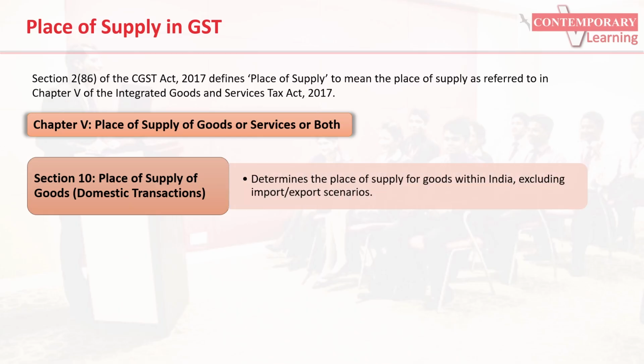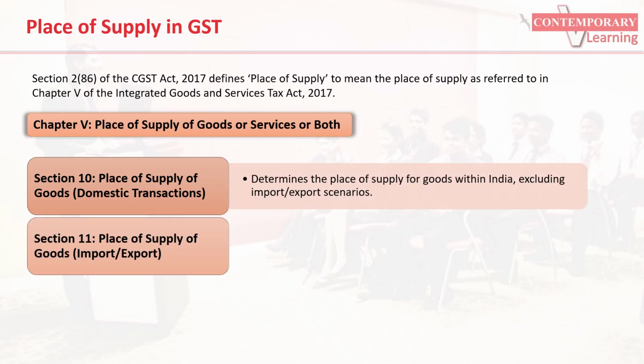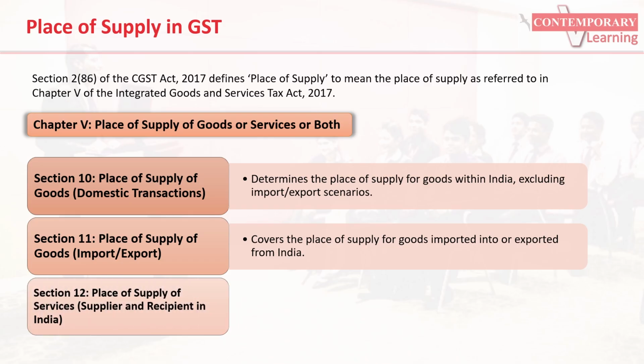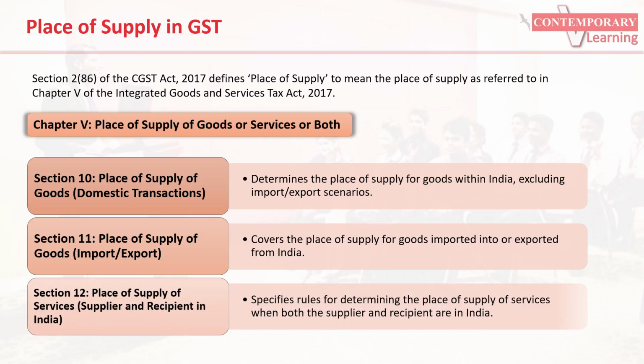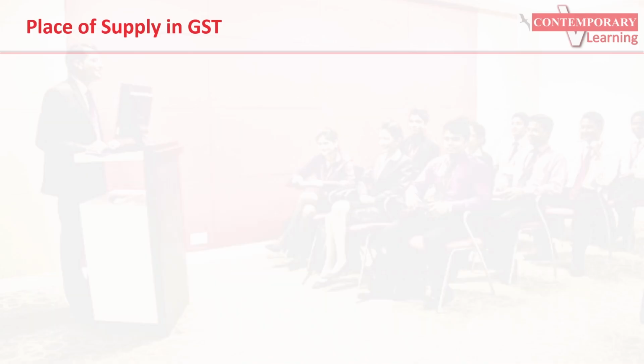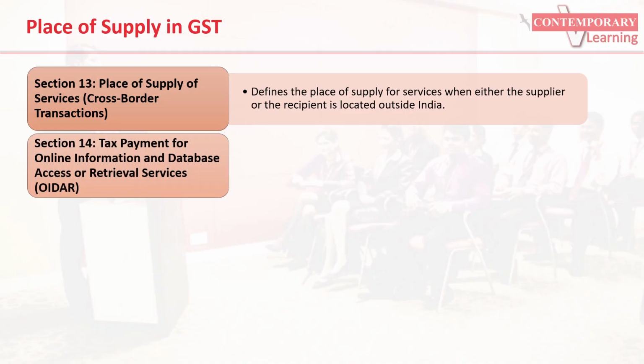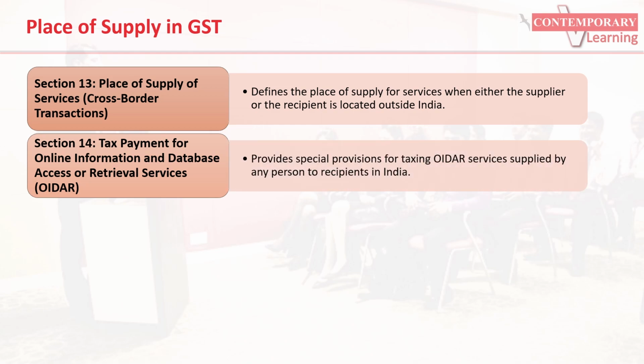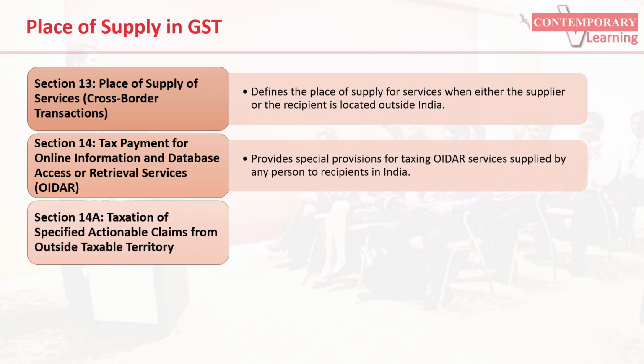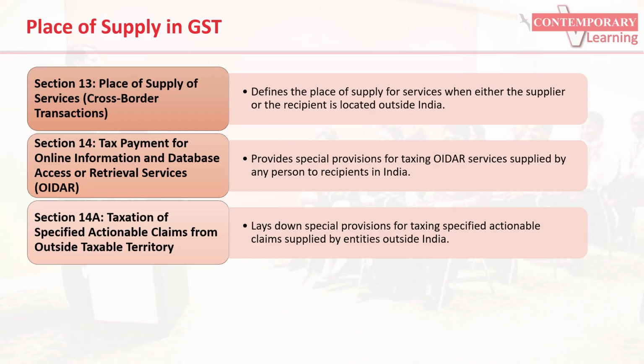Section 11 covers import and export scenarios. Section 12 handles services where both supplier and recipient are in India, while Section 13 deals with cross-border service transactions. We also have special provisions in Section 14 for OIDAR services and Section 14A for specified actionable claims from outside India.